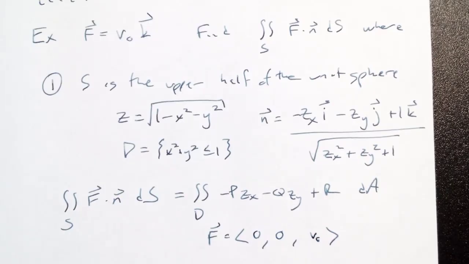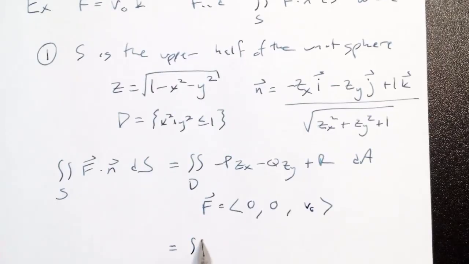Which is a constant. What just happened to my integral? It became the integral over the circle of 0, 0 plus v0 dA.